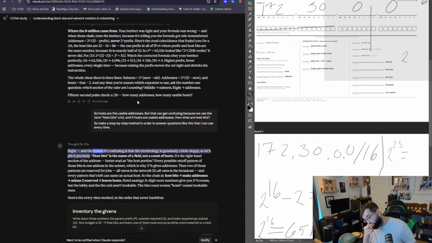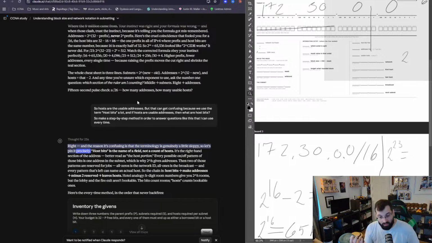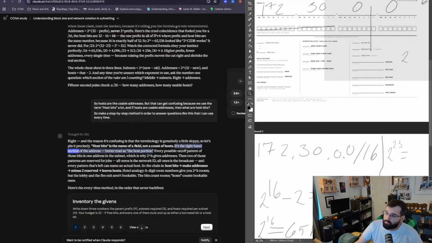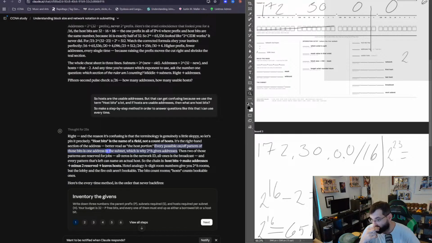Right. And the reason it's confusing is that the terminology is genuinely a little sloppy. So let's pin it down. Host bits is the name of a field, not a count of hosts. It's the right-hand section of the address, better read as the host portion. Every possible on-off pattern of those bits is one address in the subnet, which is why 2^h gives addresses.